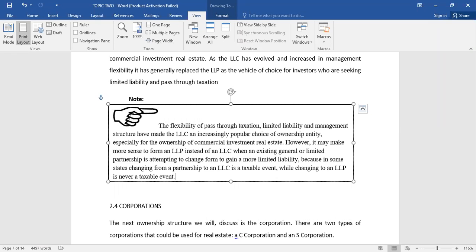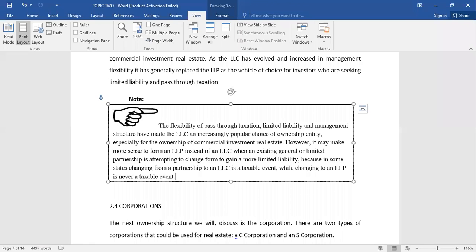So I was saying the flexibility of pass-through taxation in limited liability and management structure have made the LLC, or the limited liability corporation, popular, especially in this field of owning commercial investments in real estate. Because the LLP requires the partner to be dedicating some resource and quality time to go and oversee the operations of the property.